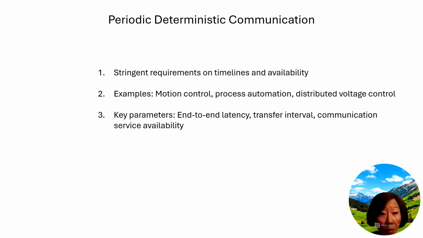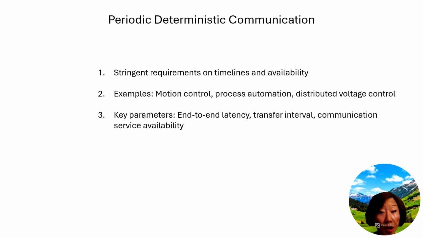The high availability requirements are met through a combination of robust physical layer design, including advanced error correction coding and MIMO techniques, and higher layer features like multi-connectivity. In multi-connectivity, a device maintains connections to multiple base stations or multiple carriers simultaneously, allowing for rapid failover if one connection experiences issues.